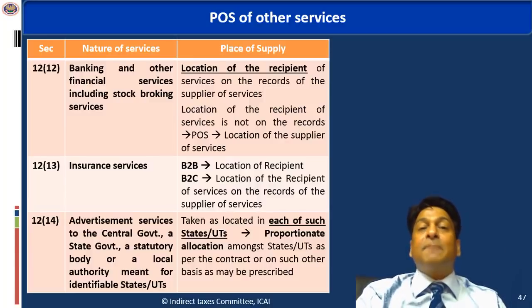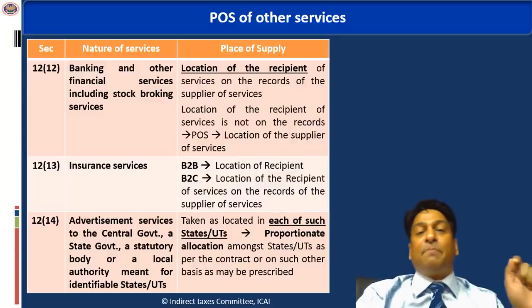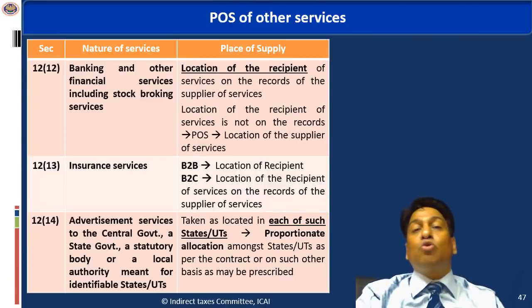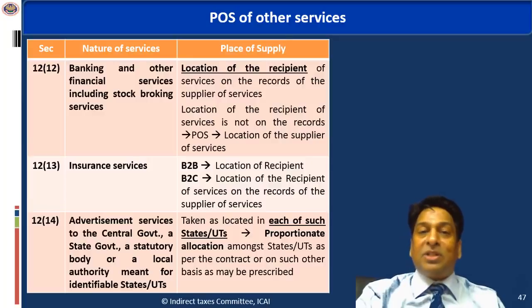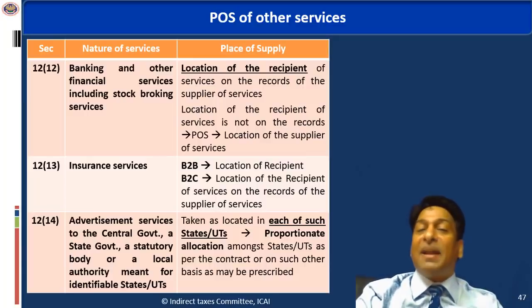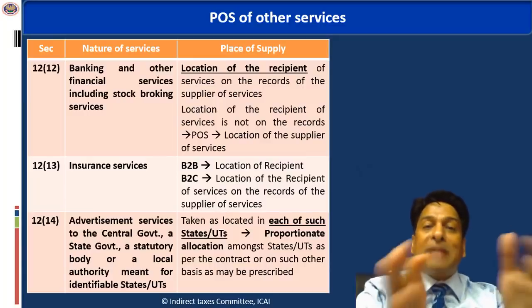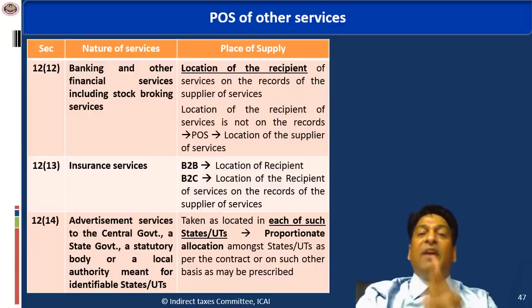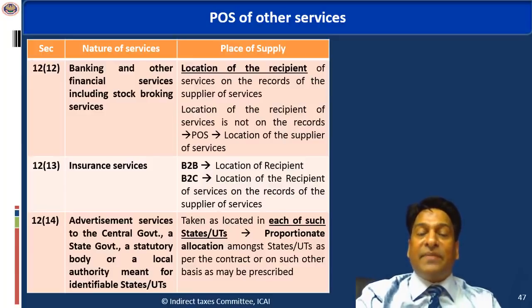Section 12 subsection 13 talks about insurance services, and for that the place of supply would be the location of the recipient if the transaction is B2B, registered supplier to registered recipient. What happens in case of B2C for insurance services? The location of the recipient of service on record of the supplier of service. That is how place of supply is determined for insurance services.